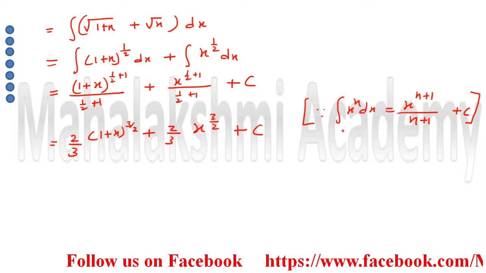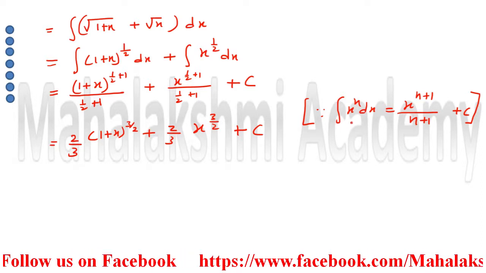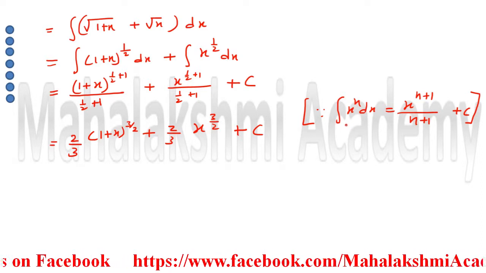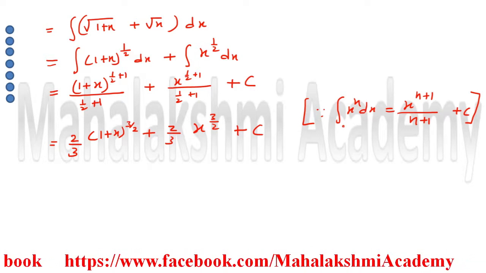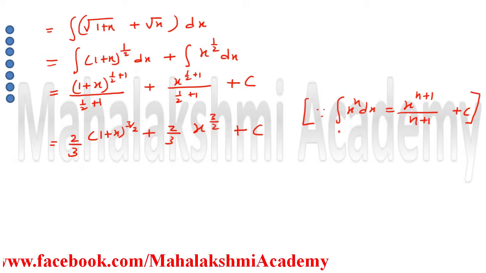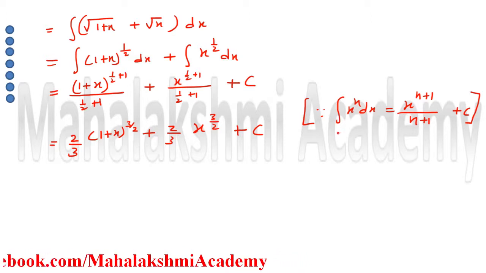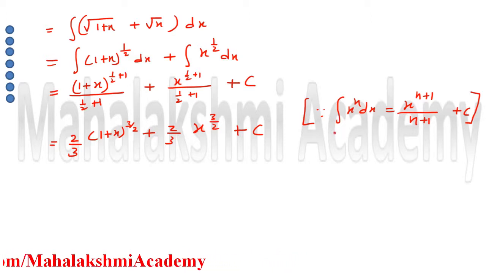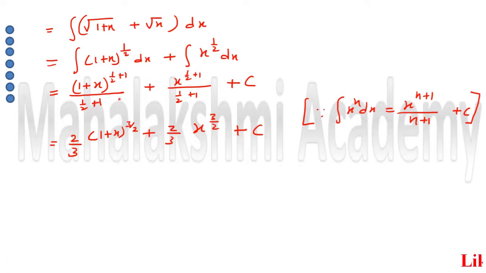We have to convert our question into the standard format of integration. And here what problem did we have? Our fraction was in the denominator, so we converted it to the numerator by rationalizing the denominator. After shifting it to the numerator, we wrote it in the form of x to the power n. This is one of the standard formats of integration, and then we integrated it. So I hope this is clear to you.